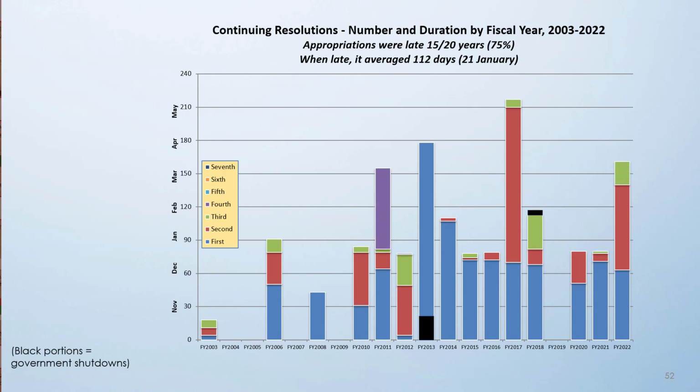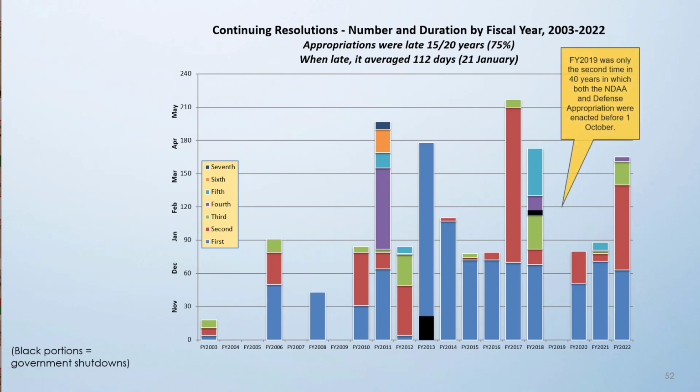And it's important to note here that first, 75% of these years, the appropriation was late. And when it was late, it averaged 112 days and went as long as 220 days. Meaning that there's a 75% probability, if this trend continues, that we will not have all of our authorities until sometime in January of each year.